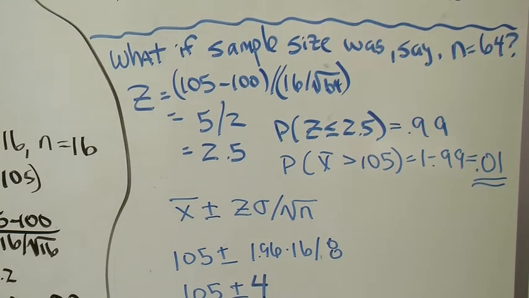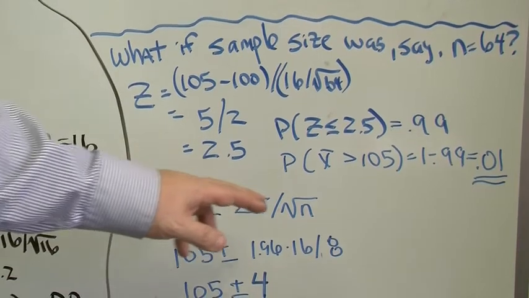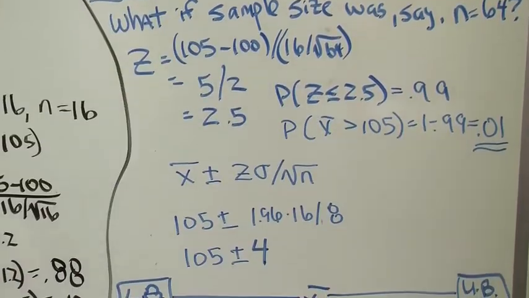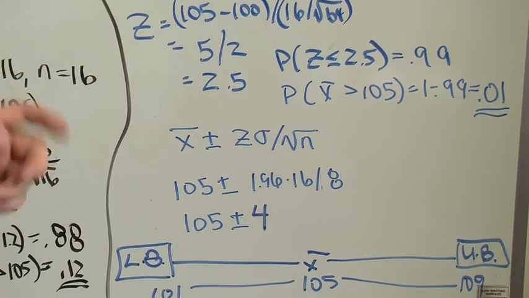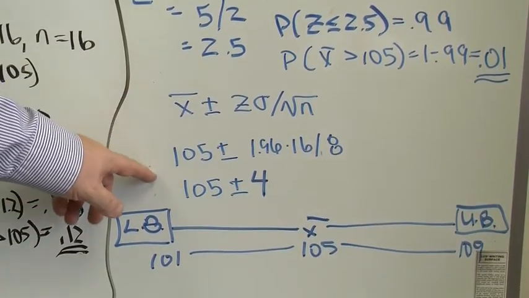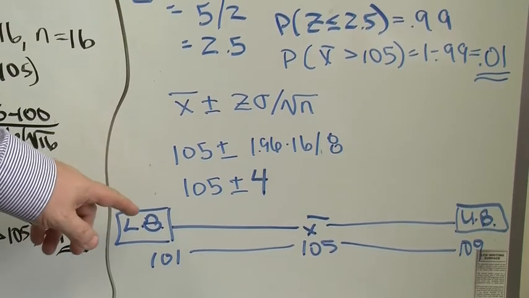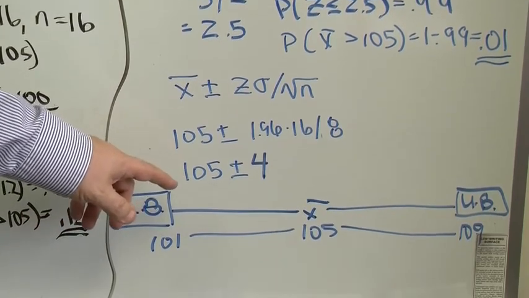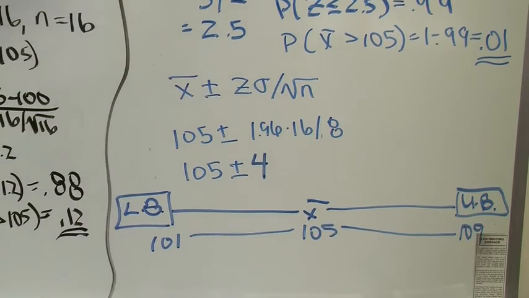But also, not only does our p-value go down if we increase the sample size, the width of our confidence interval gets smaller as well. Working through the arithmetic, our error term was 8 when we had a sample size of 9.